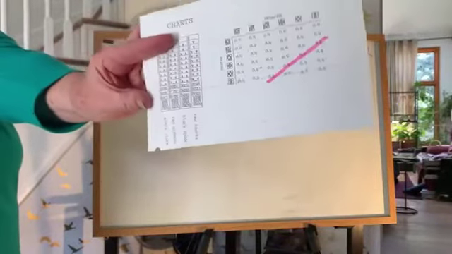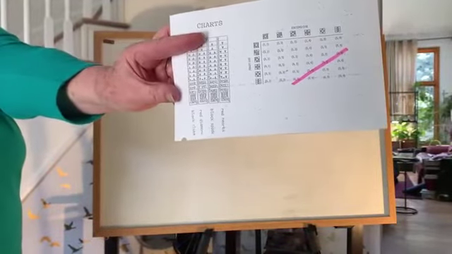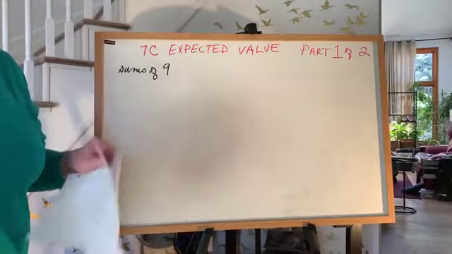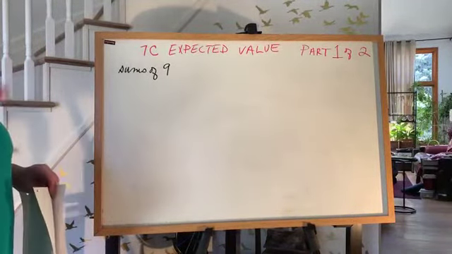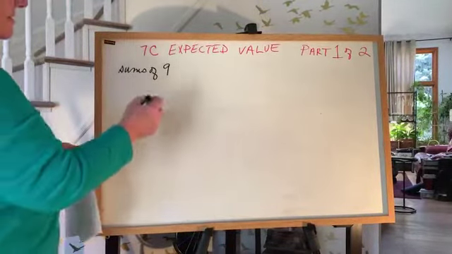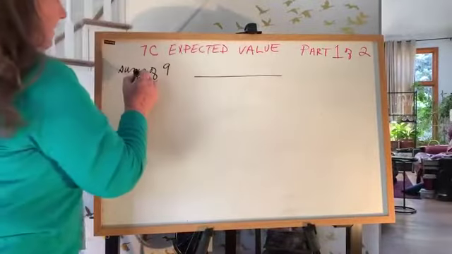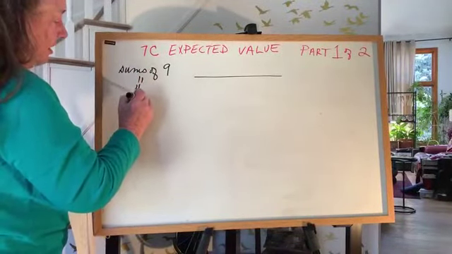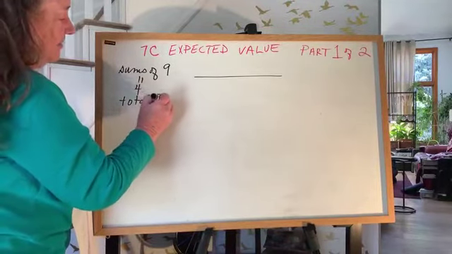There are 4. So how many sums are there in rolling 2 dice? That's 36. Remember, 6 times 6 is 36. So this is a sum of 9, and there's a total of 36.